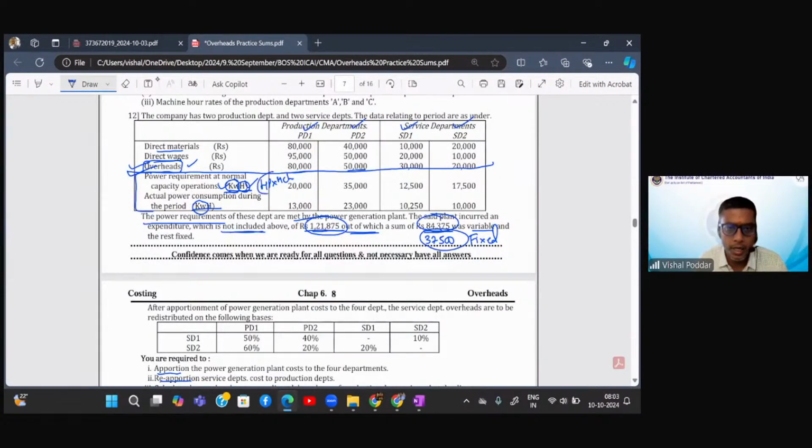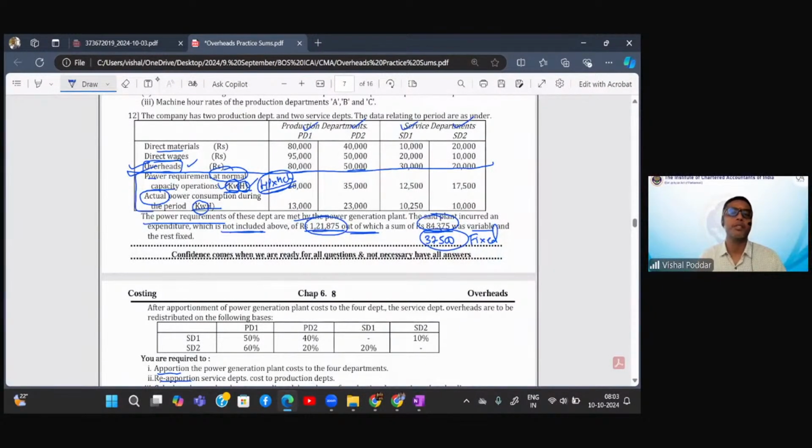Similarly, they have given you the HP into machine hours figures twice: one is the power requirement at normal capacity, and the other is your actual power consumption.